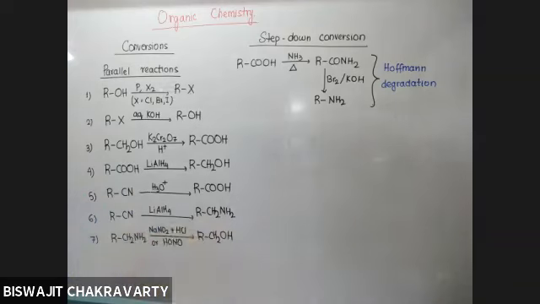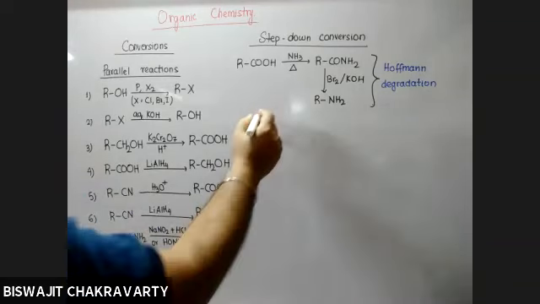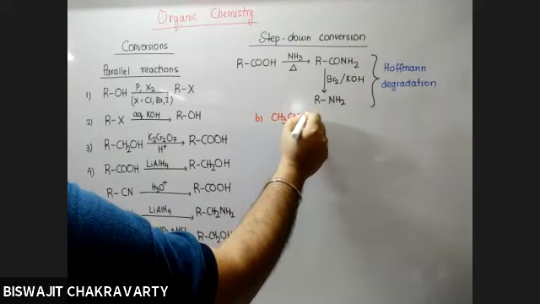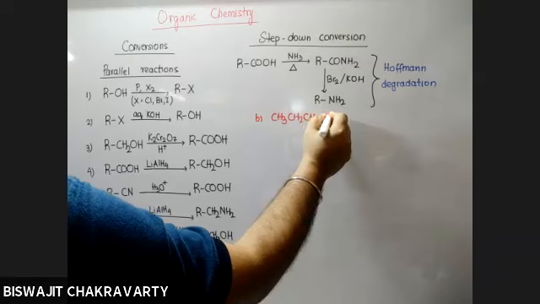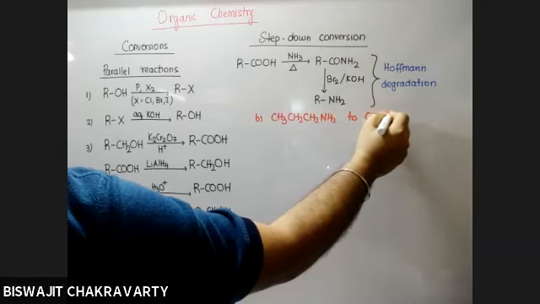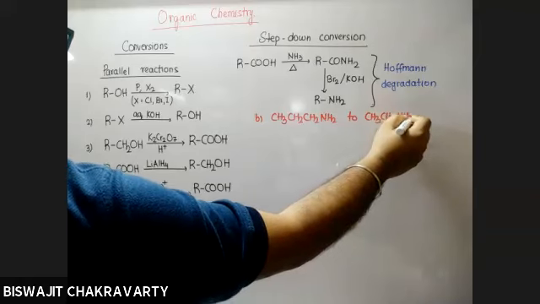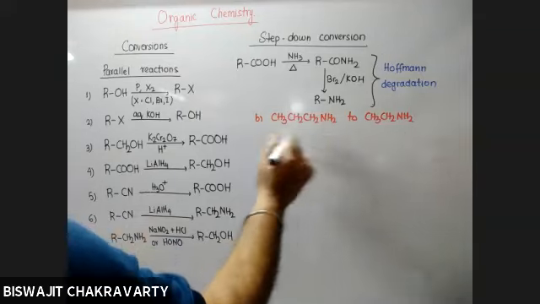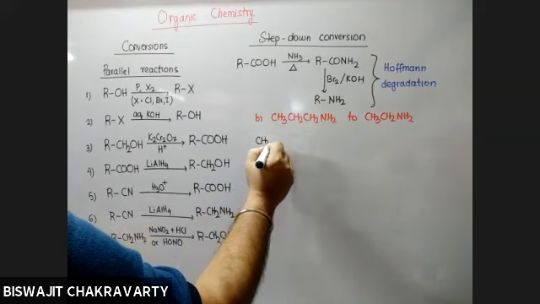Those who cannot catch me, I'm writing it down. We have CH3CH2CH2NH2, which needs to be converted to CH3CH2NH2. As I said, our main aim should be to convert the given compound somehow to carboxylic acid.